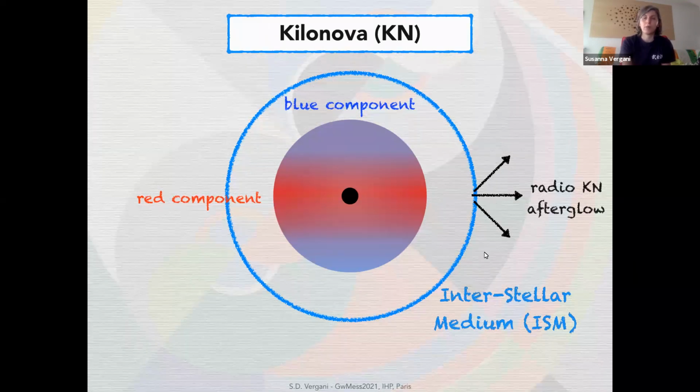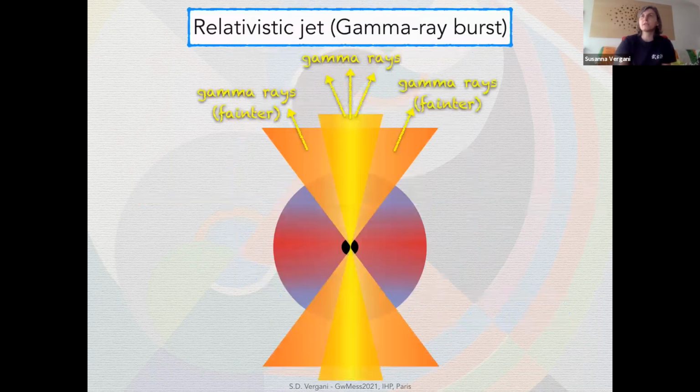I will not talk about it because there are observations ongoing that could probe this part, and since we are still not sure what we are seeing, I will not touch on this in this seminar, okay? So that's all for the kilonova characteristics.